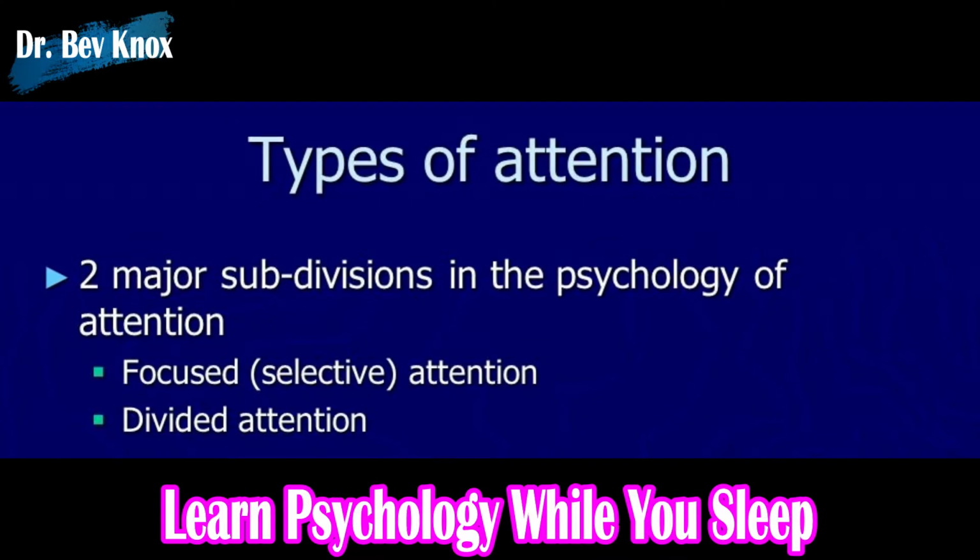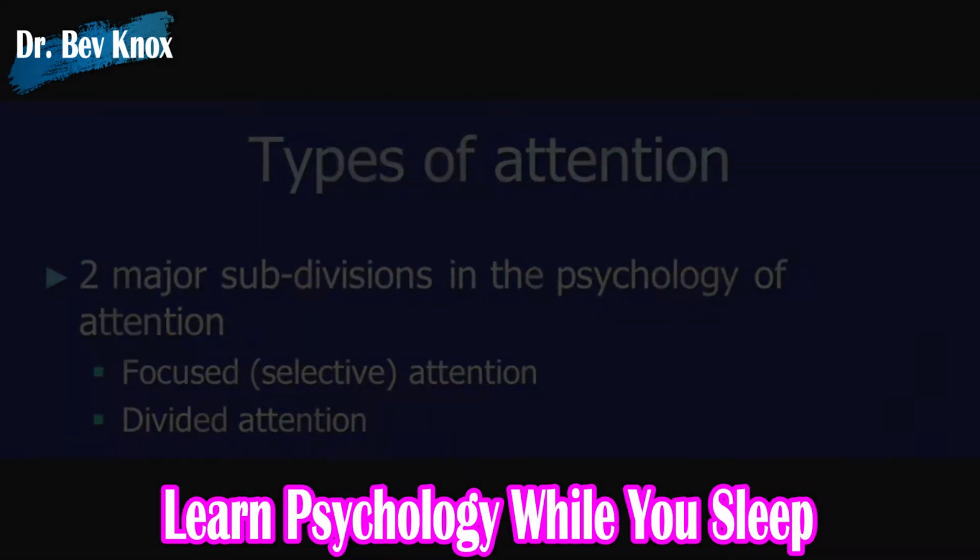Attention. What is attention? Attention is the focusing of mental resources. Four ways that children can allocate their attention are selective attention, which is focusing on specific aspects of experience that are relevant while ignoring others that are irrelevant.